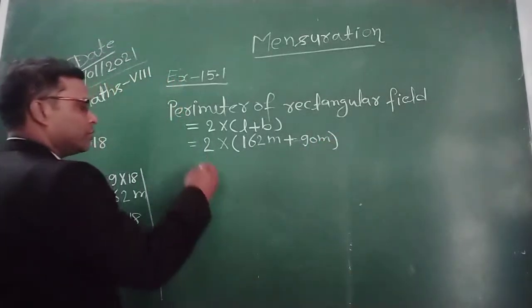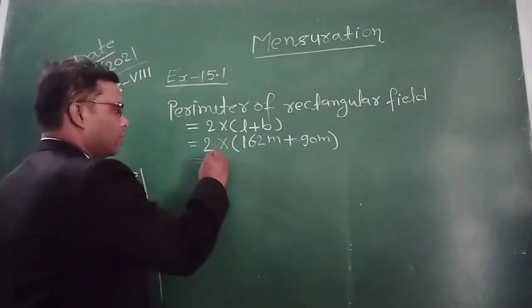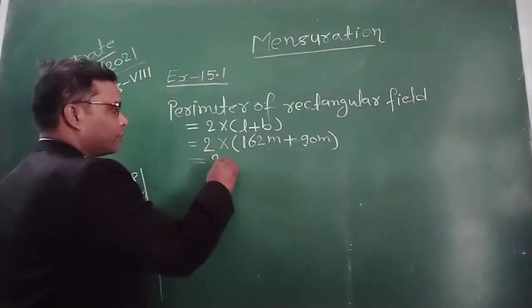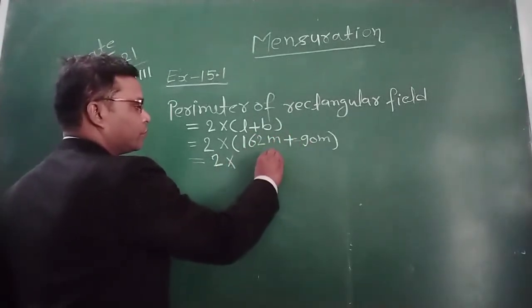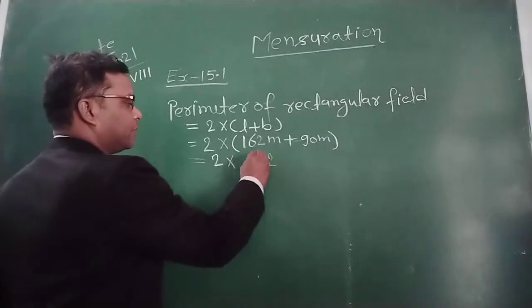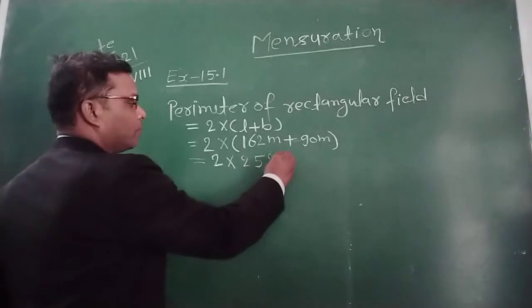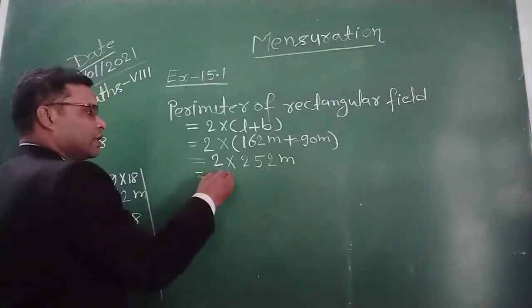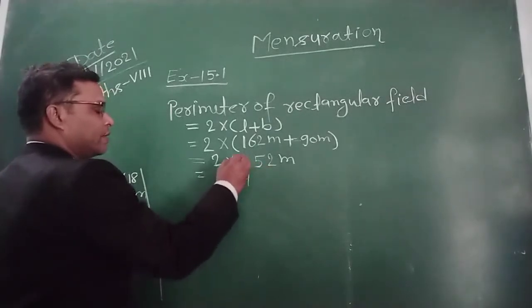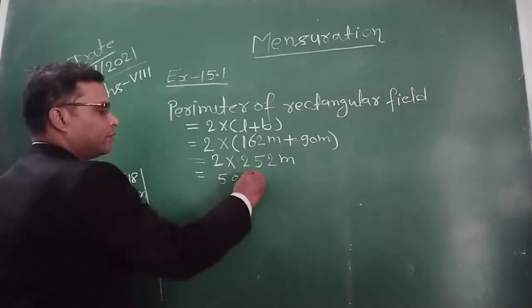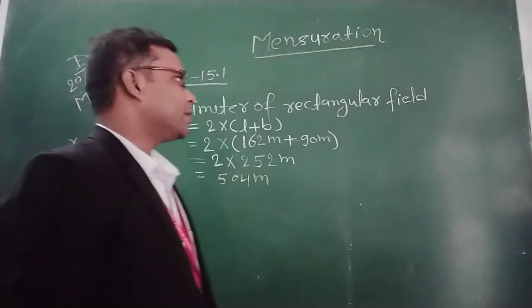So this is equal to 2 into 252 meter, or you can say 2 into 252 is 504 meter. This is the perimeter of the rectangular field.